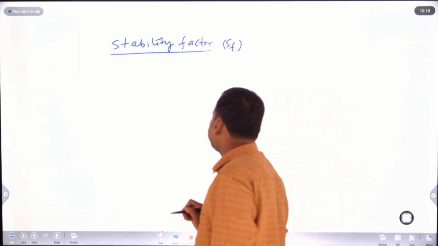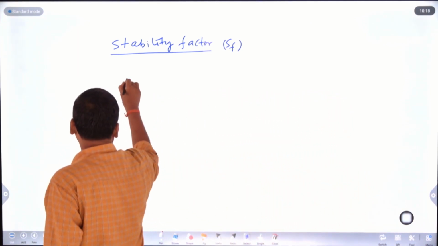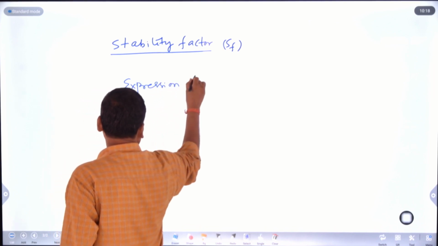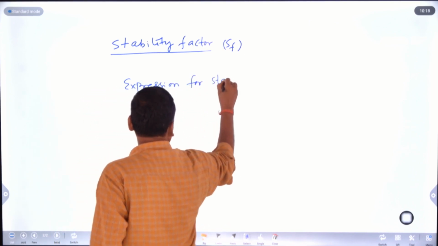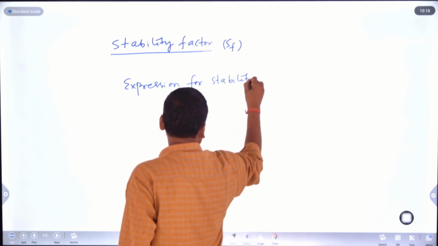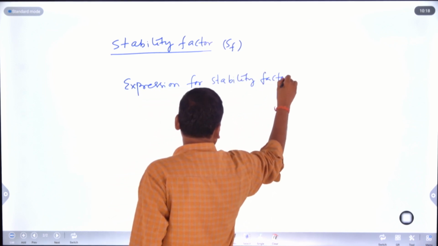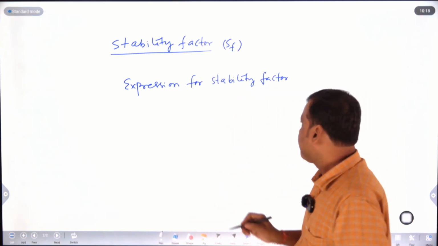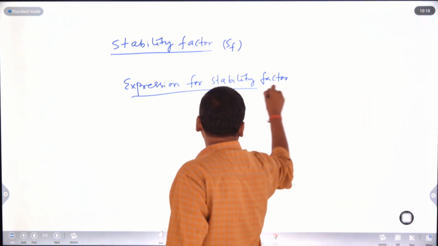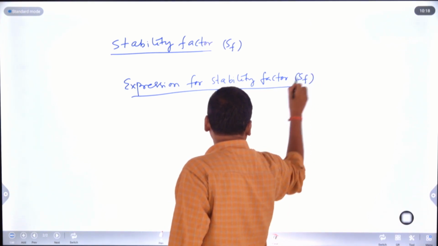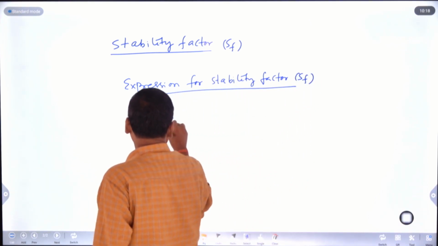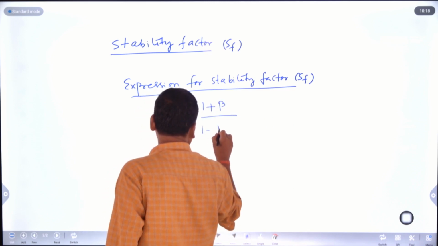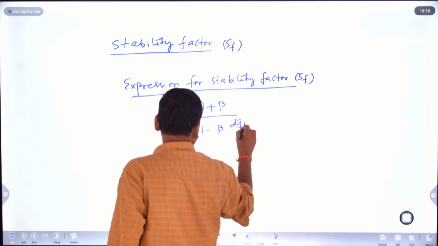There is a general expression for the stability factor. Already there are three parameters, ICBO, beta and VBE. In the general expression for the stability factor, the formula is SF equal to 1 plus beta divided by 1 minus beta dIB by dIC.